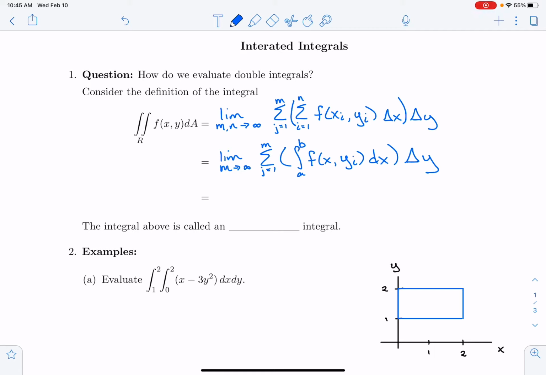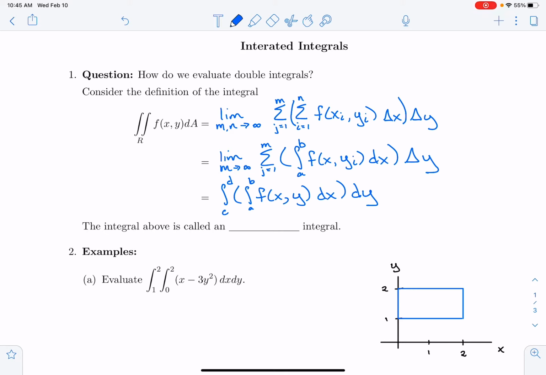And so that too can be thought of as an integral. So I can think about this as the integral from c to d, when I take that limit as m goes to infinity, of the integral from a to b of f of x, y, dx, and then I'm going to integrate that again, dy.